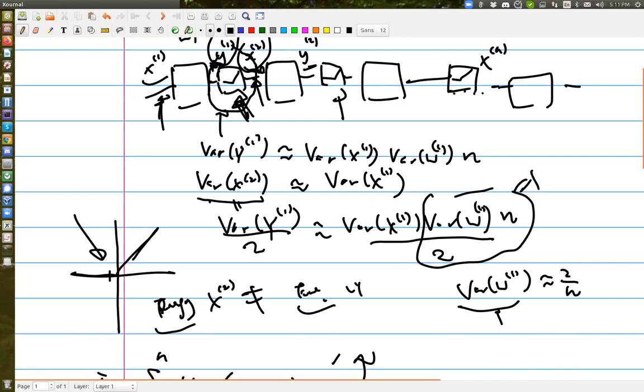For example, if you have an identity function, you can consider the gain to be one, and if you have ReLU here, the gain is one half or something like that. Actually, it should be two here, as in the case when your activation function is identity.